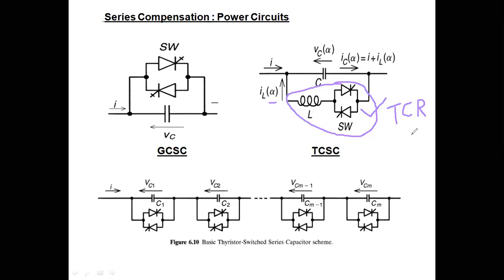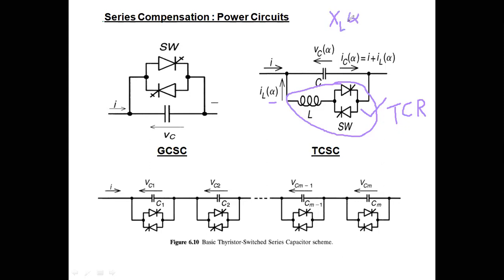All this we discussed in the shunt compensation. So if you go back and recollect the thyristor controlled reactor operation, the same thing we are connecting in parallel to this capacitance, so that the reactance of the inductance is varied using alpha.